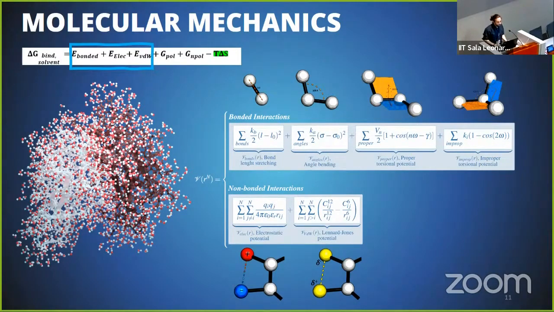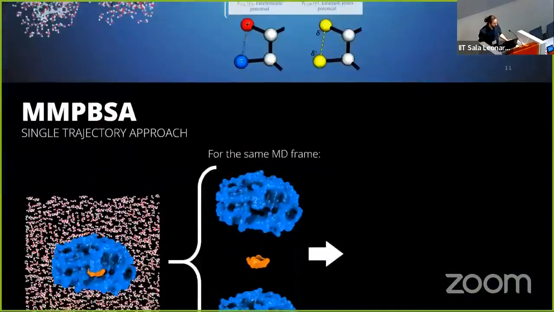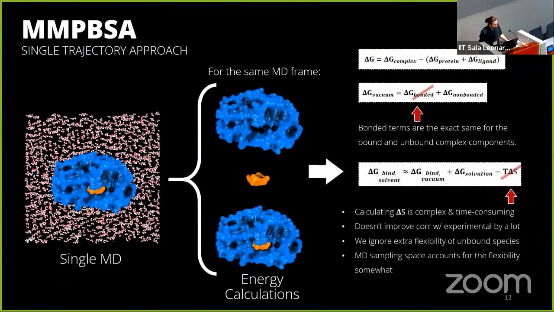However, typically when we use PBSA methods, we also use an approach called single trajectory, which, by grabbing the conformation of the complex, the ligand and the protein from the same frame from a single trajectory, allows the bonded terms of the bound and unbound structures to be the same, so they cancel out.